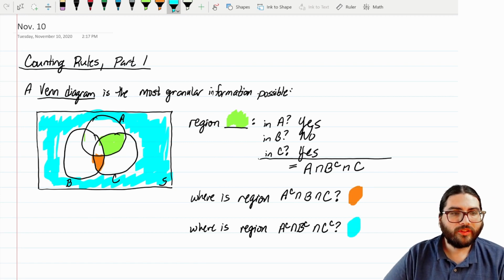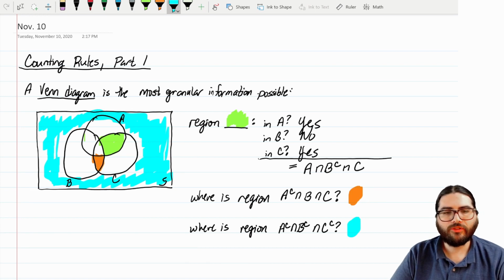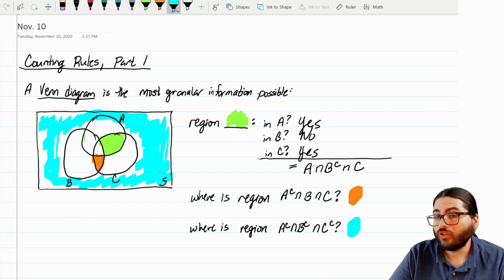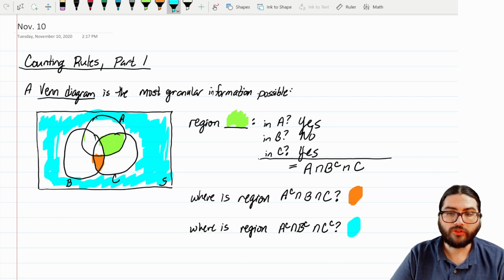Whenever you're working on the Venn diagram problems this week, you will usually have to fill out some sort of Venn diagram. And this is usually how I do it. I start with the most specific information first, right? Something which tells you about its membership in all three sets. And then I work outwards from there.